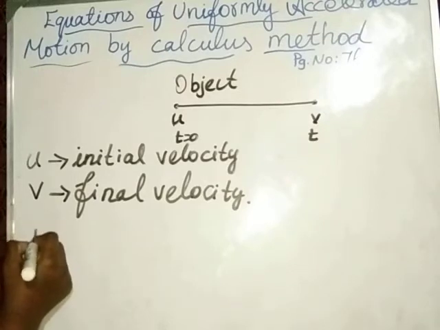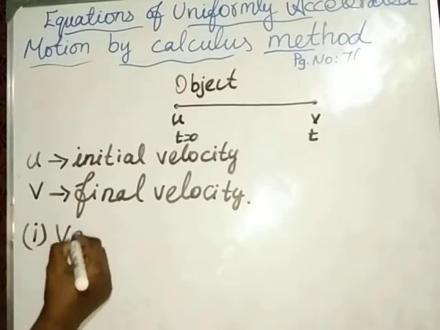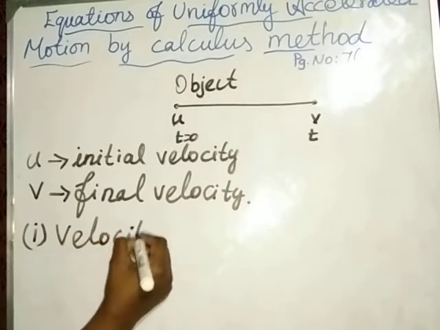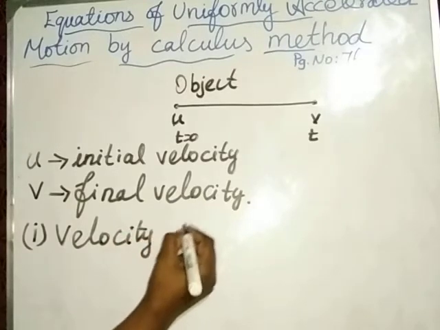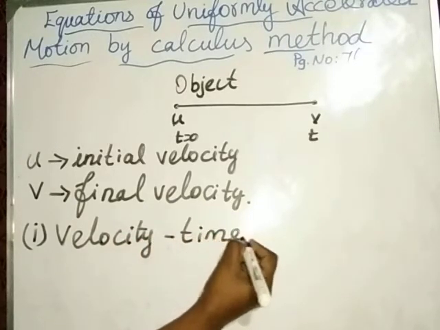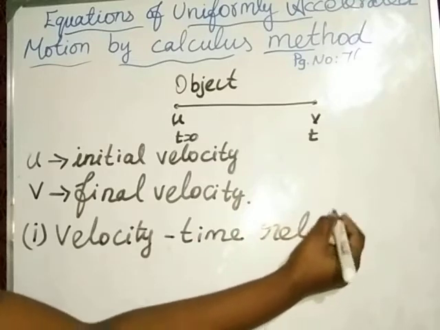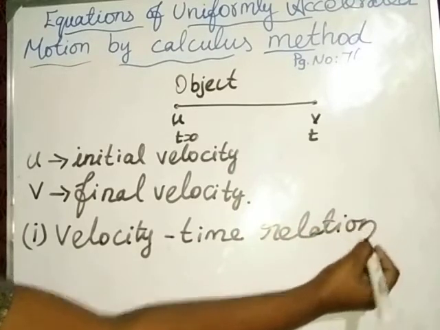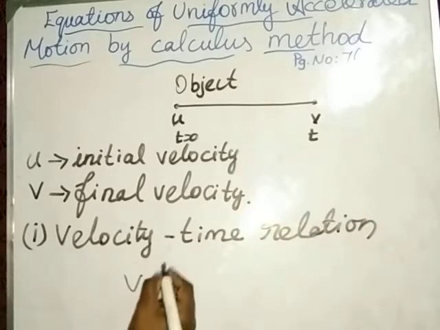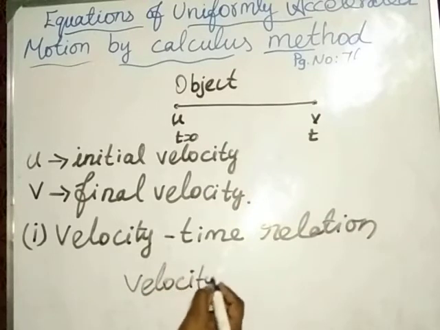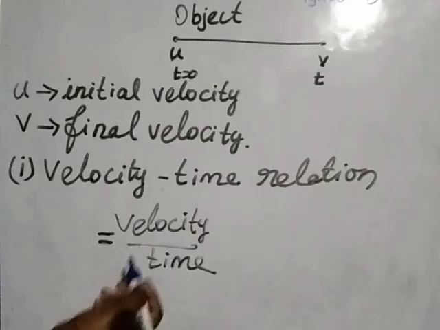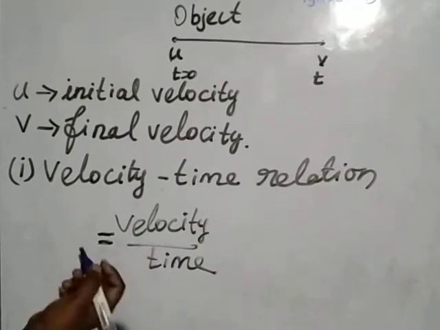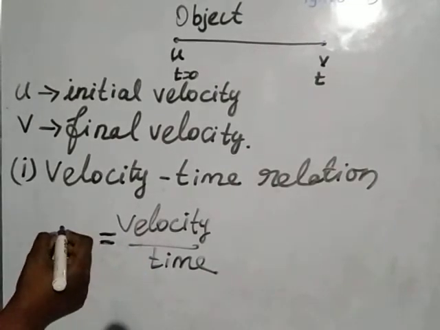First part is the velocity time relation. What is the relation between velocity and time? The relation between velocity and time is acceleration a.